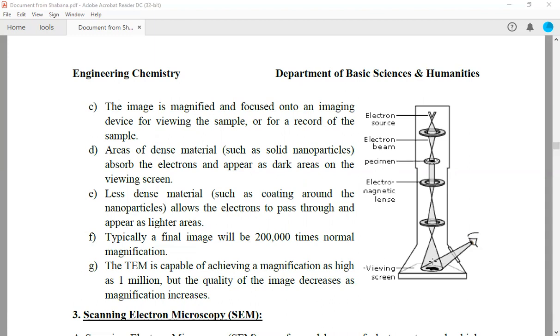Finally, the final image in this TEM method will be 200,000 times the normal magnification. The TEM method is capable of achieving a magnification as high as 1 million, but the quality of the image decreases as the magnification increases.